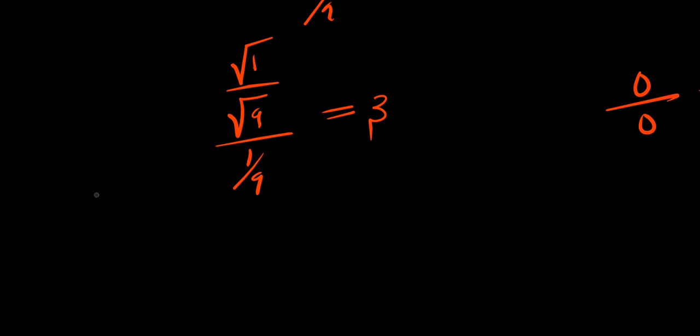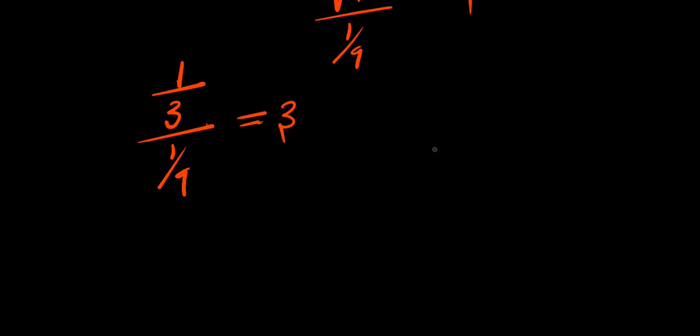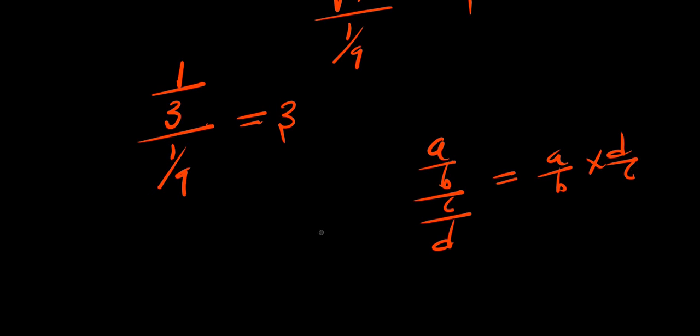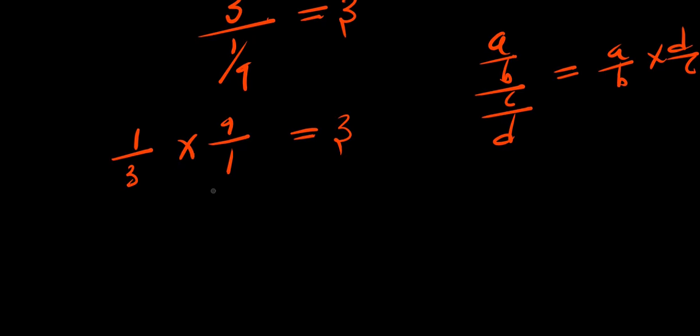So square root of 1 is 1, divided by square root of 9 is 3, divided by 1 divided by 9 equals 3. So from here, if you have a divided by b divided by c divided by d, this equals a divided by b times d divided by c. So this is 1 divided by 3 times 9 divided by 1 equals 3. 9 times 1.